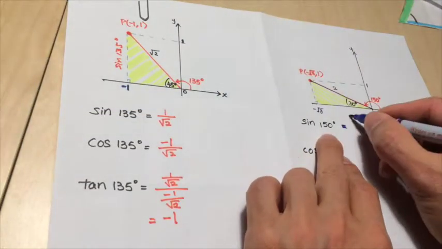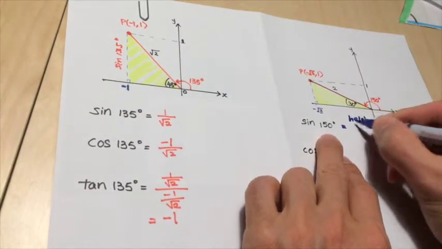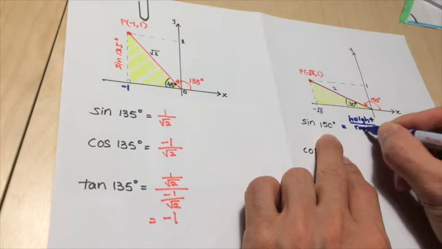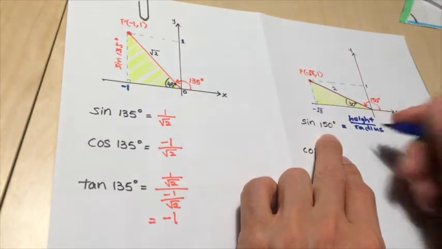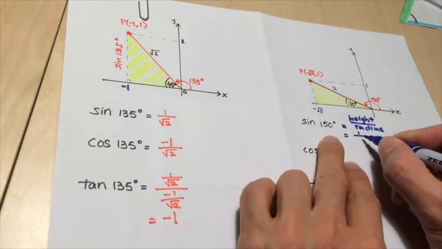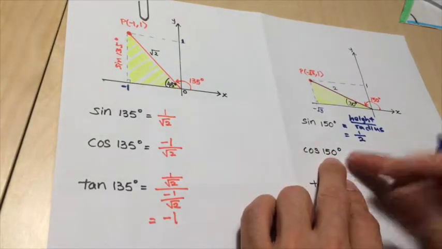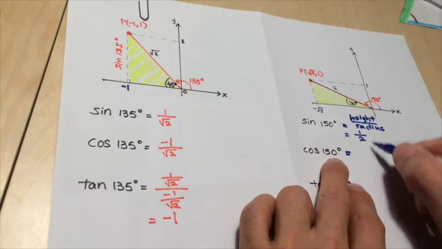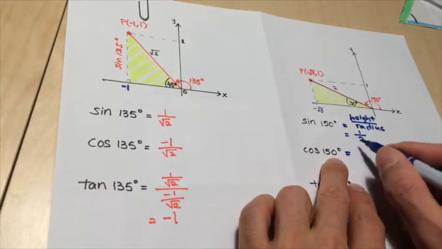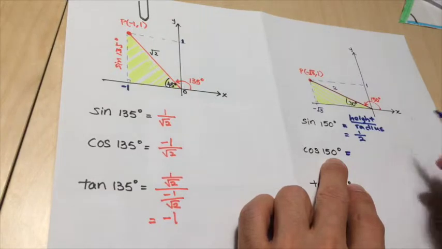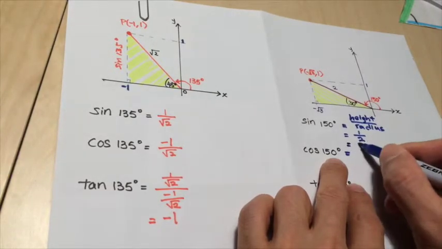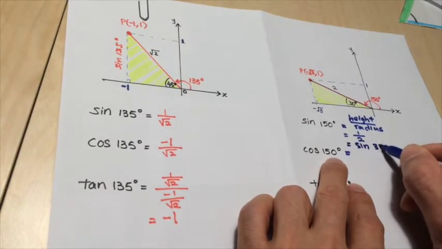Again, it's the height over the radius. And in this case, the height here is 1 and the radius is 2. So sine 150 degrees is equal to half. And remember, that is actually equal to the sine of 30 degree.